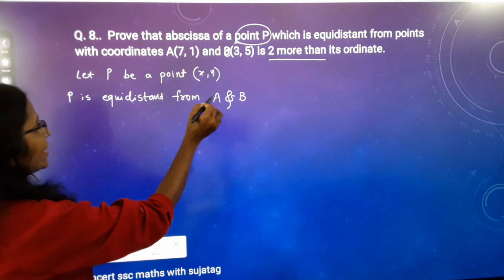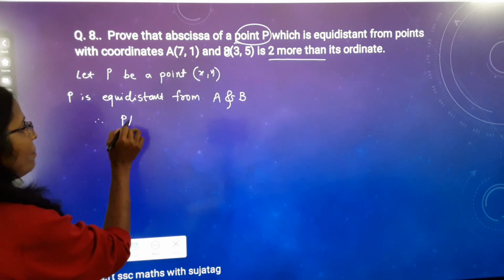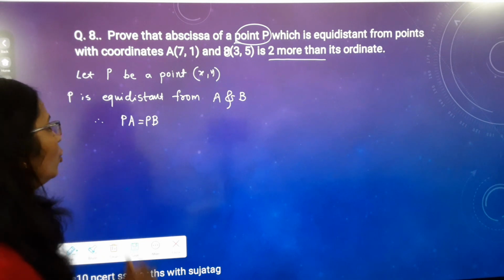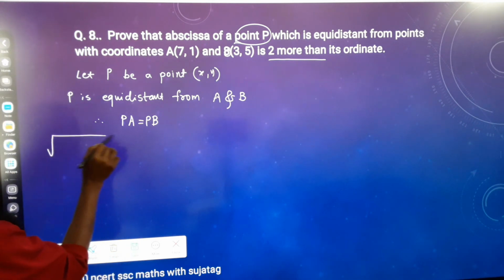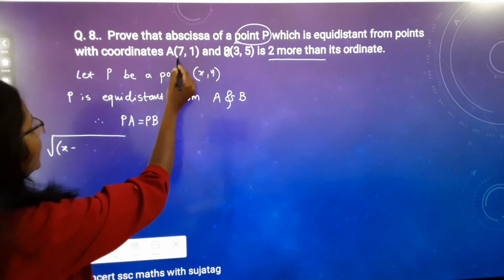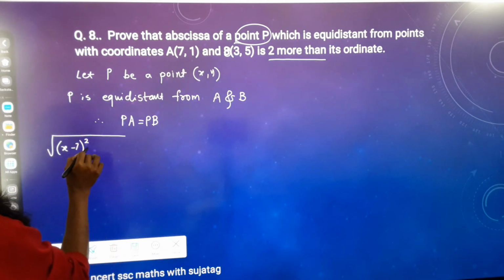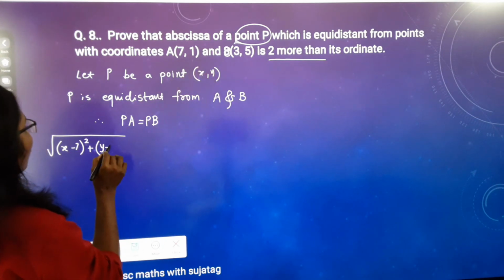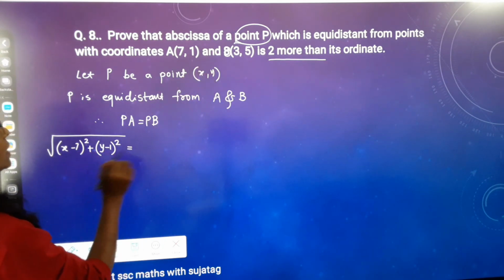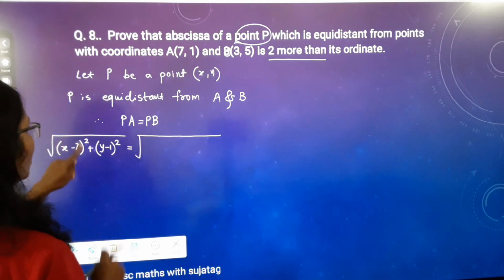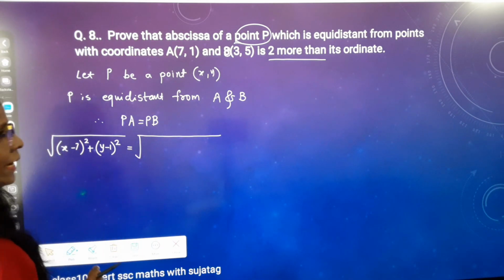That means we can say that PA is equal to PB. So now we can write (x minus 7) whole square plus (y minus 1) whole square is equal to the distance. I use the distance formula on both PA and PB.